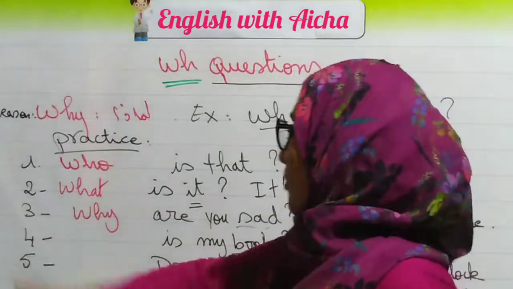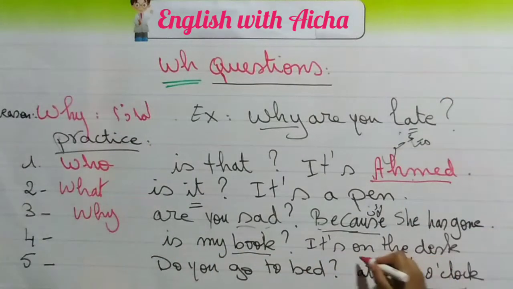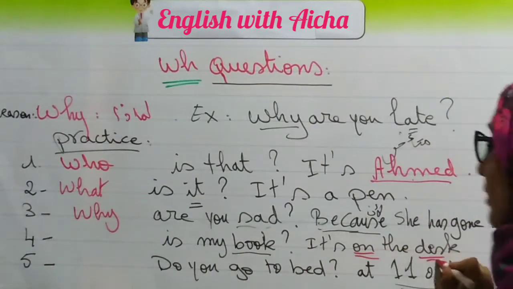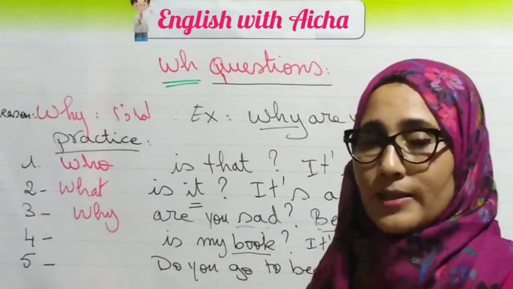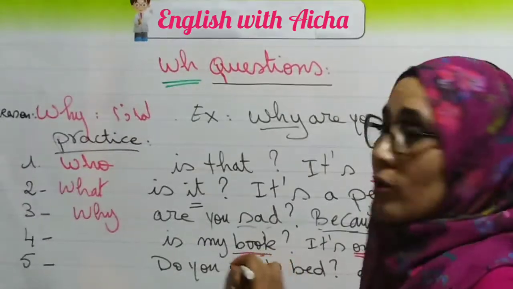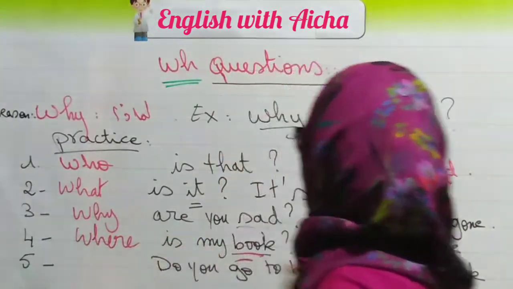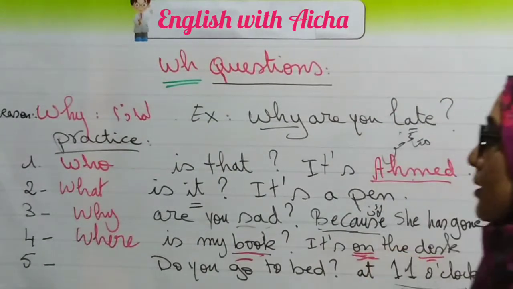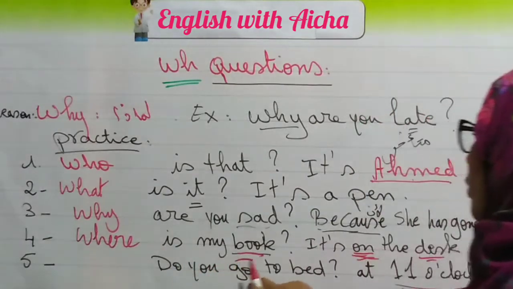Great. For number 4, here we have, is my book. It's on the desk. Okay? It's on the desk. On. It's a place. Okay? Where is it? I'm asking for my book. Where is it? So here we have the place. We use where. The last one is, so do you go to bed?